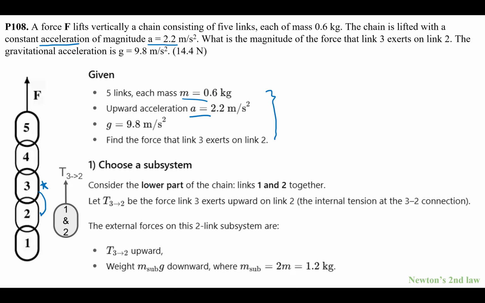And we need to choose a subsystem, consider the lower part of the chain, links 1 and 2 together. Let T32 be the force link 3 exerts upward on link 2.